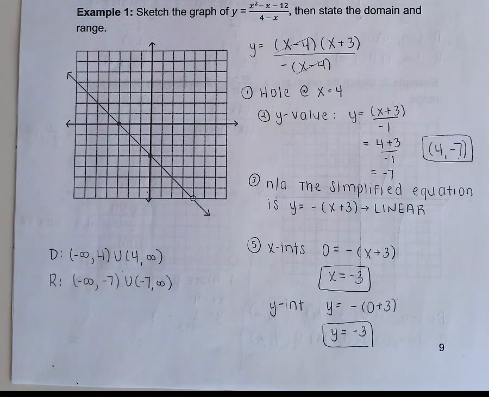So I have a linear function with a hole at (4, negative 7). For your domain and range, the only spot that is not included would be the x value of 4 and the corresponding y value of negative 7. Make sure you're using round brackets since those points are not included.